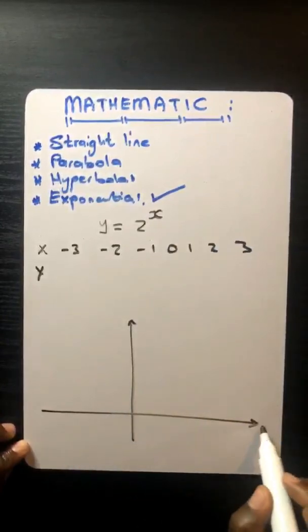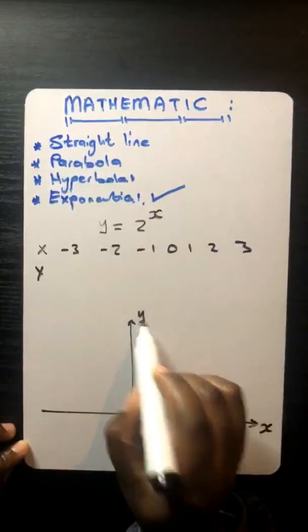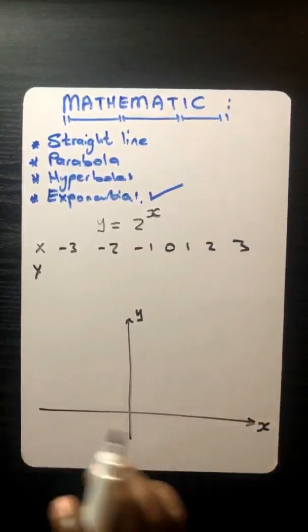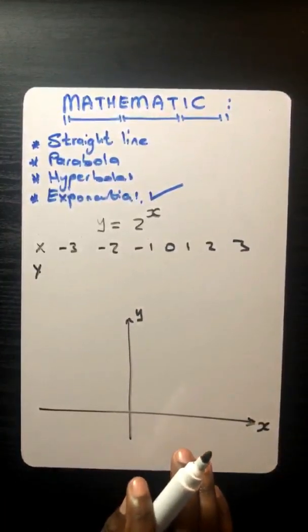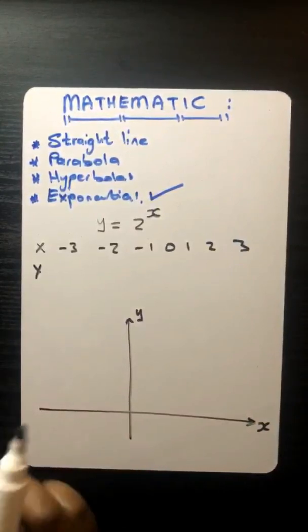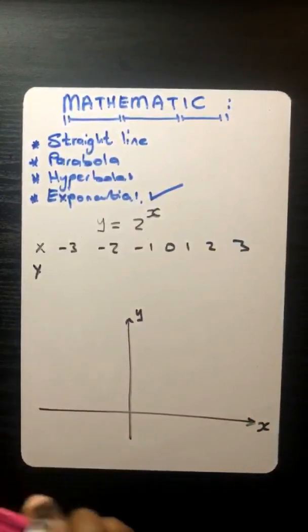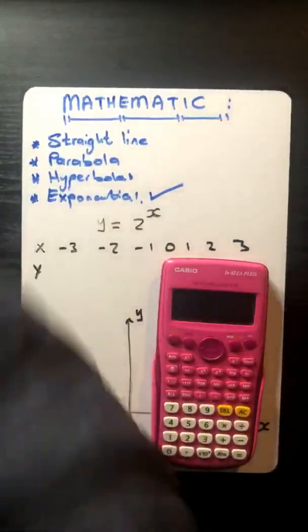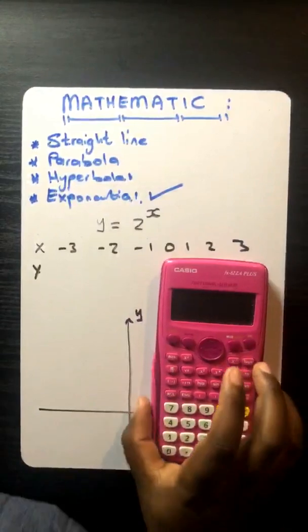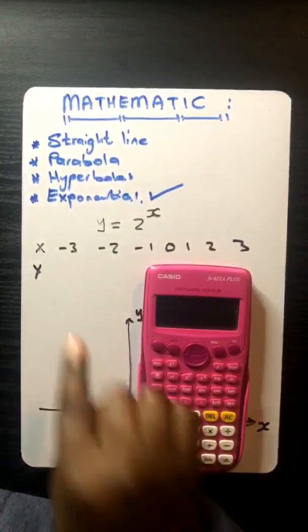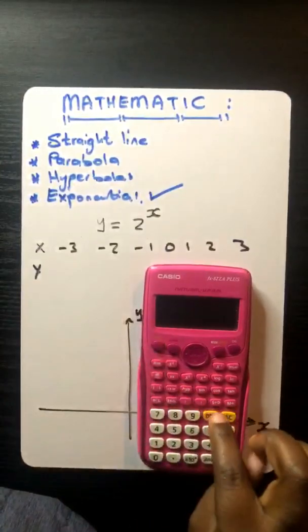So guys, on your calculator, remember, if you don't have a calculator, you can pull out your calculator. You can see over there, I've got my calculator. Let's punch. Where x is -3, I want to know what is the corresponding y value.